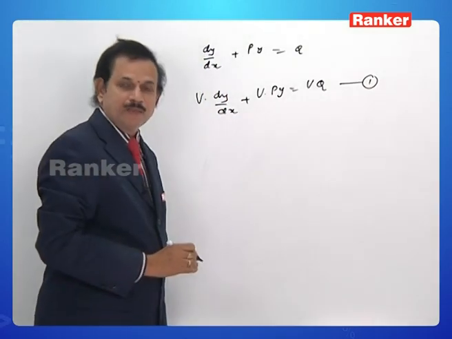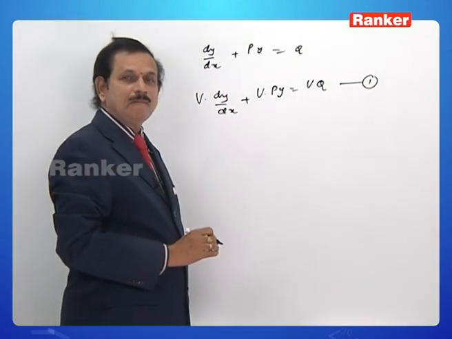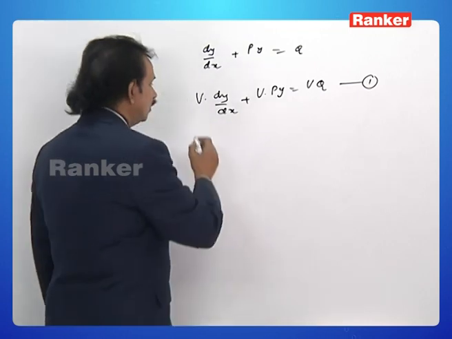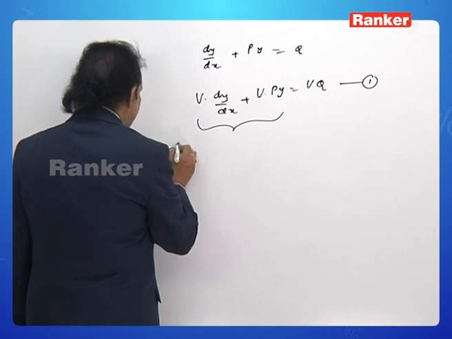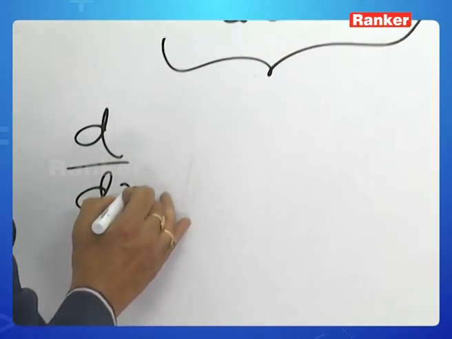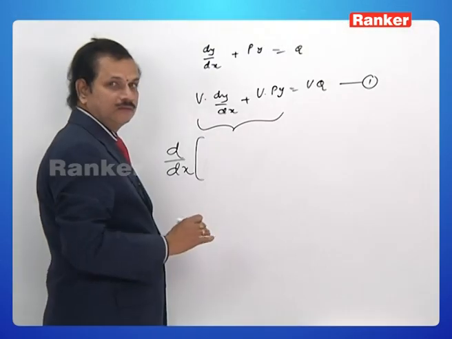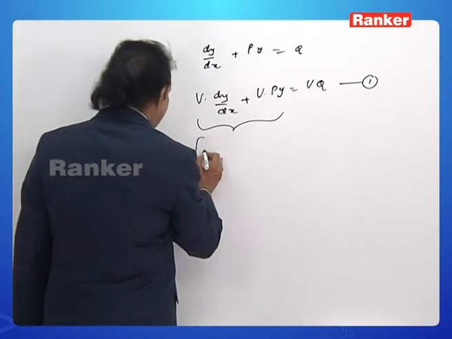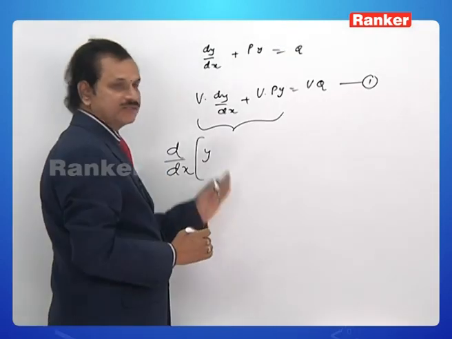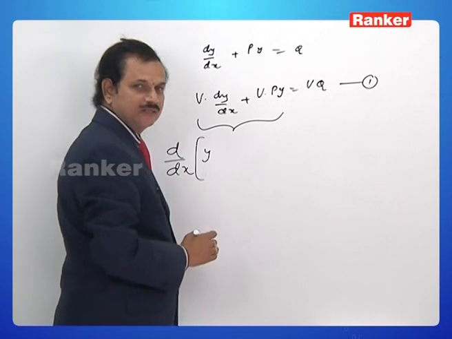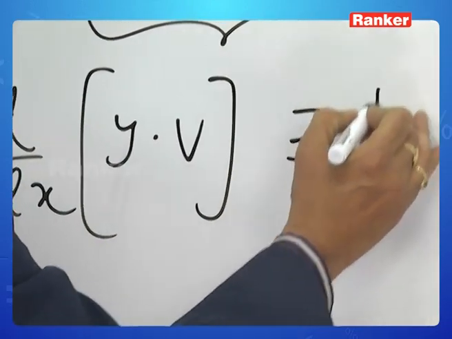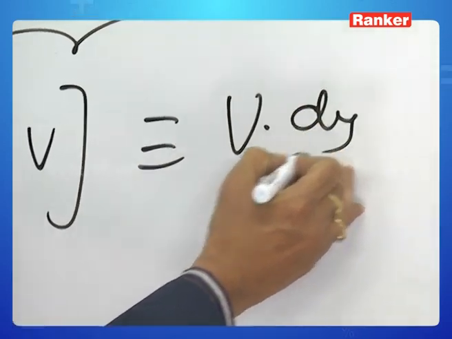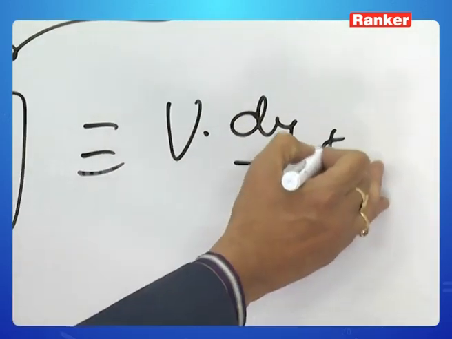You see, our actual purpose is to look at this LHS as d by dx of something. In that something, y definitely takes a part because dy by dx is appearing here. So d by dx of y into v is identically equal to v into dy by dx plus v into py.